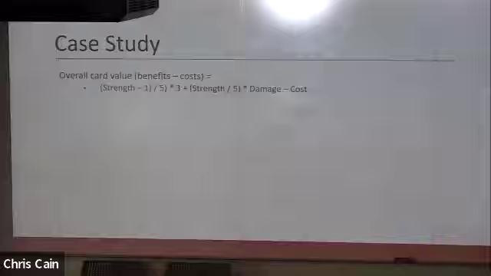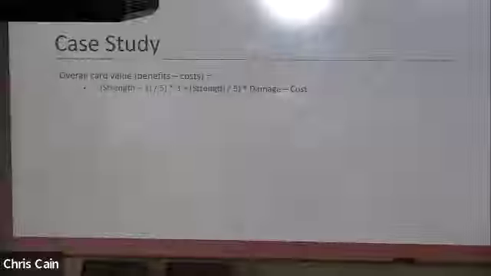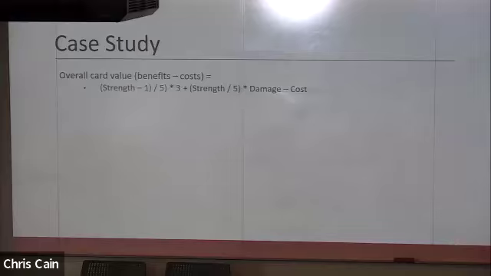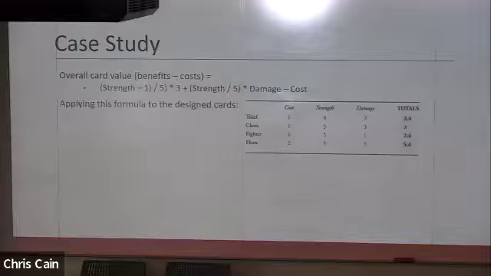So with some basic assumptions based on the distribution of all cards, we can now apply those back to the 4 designed cards that we had earlier on. So we see, if we do that, we can see the benefits minus the costs of each of the cards. What do we see?